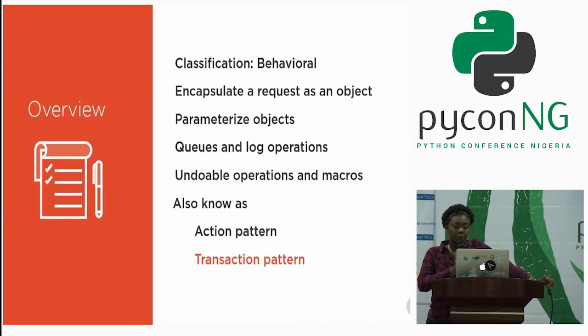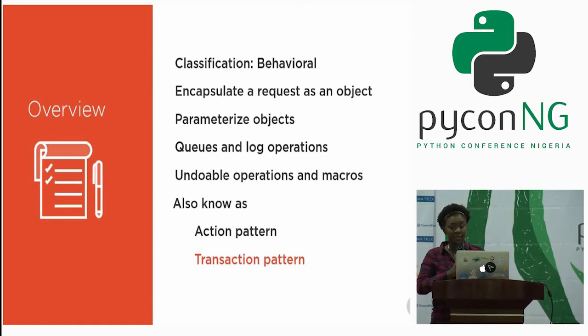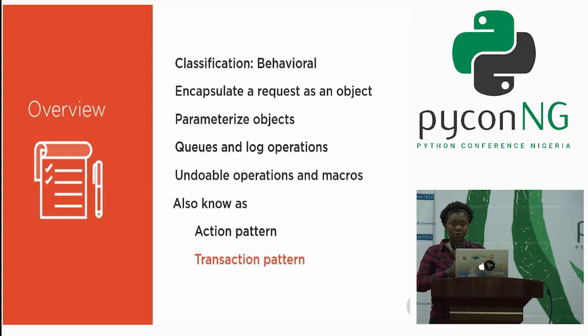It's also known as the action pattern and the transaction pattern. This command pattern is what we use for command lines and GUIs, so that we can know when there is an error, when our code is going smoothly, or when our code is going smoothly with warnings.